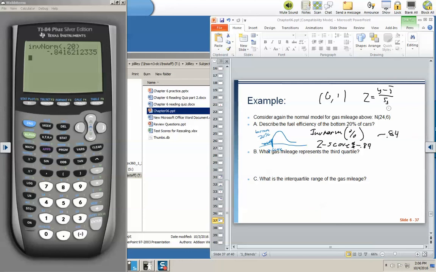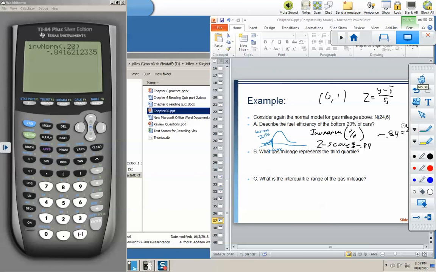Negative 0.84, that's my z-score, equals y minus my mean of 24 over 6, my standard deviation. Now we just need to solve this equation. Multiply both sides by 6. I can't do that one in my head right now. So negative 0.84 times 6 gives us negative 5.04.